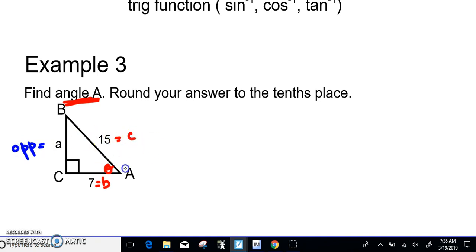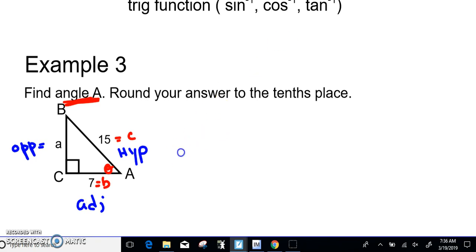We know that the longest side is always the hypotenuse. And on this side here, we know this is adjacent. It's right next to the angle. So again, if it's next to the angle, it's adjacent. If it's across from the angle, it's opposite. If it's the longest side, it's hypotenuse.